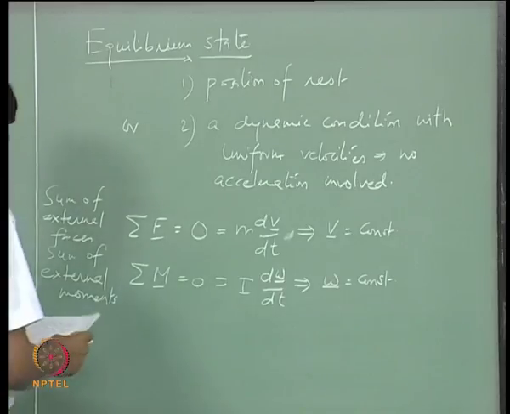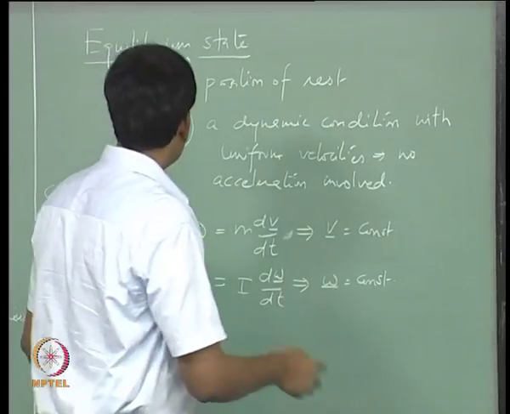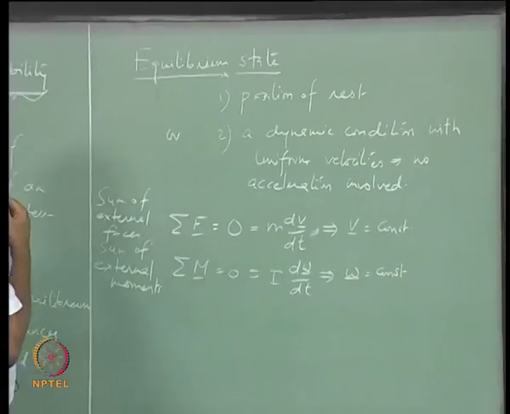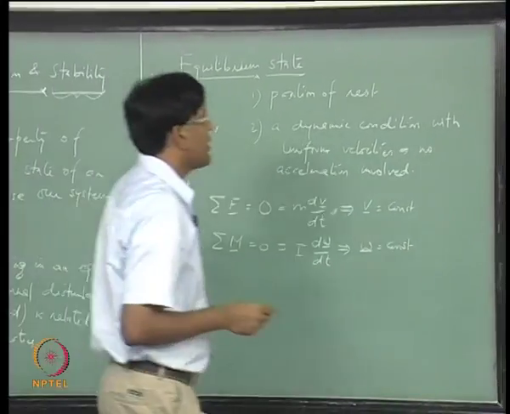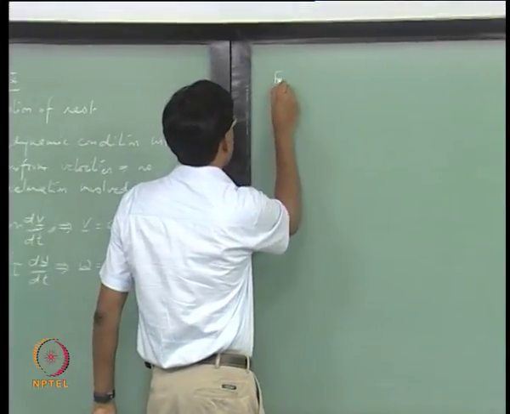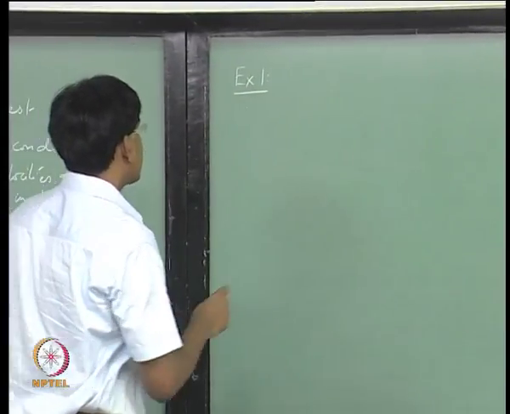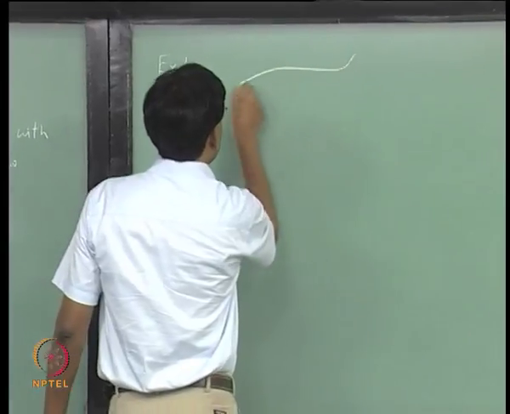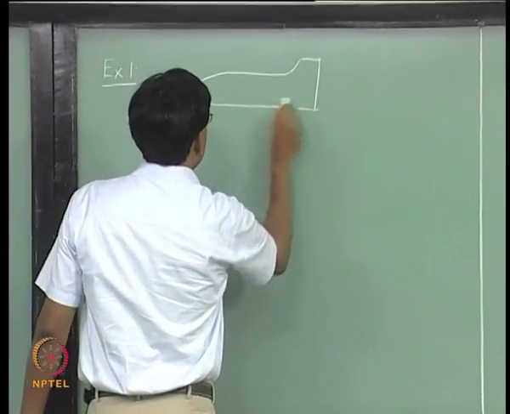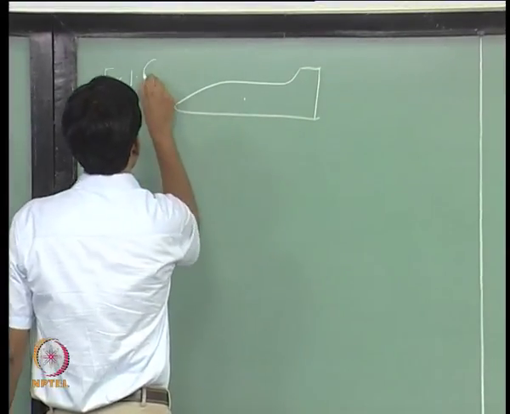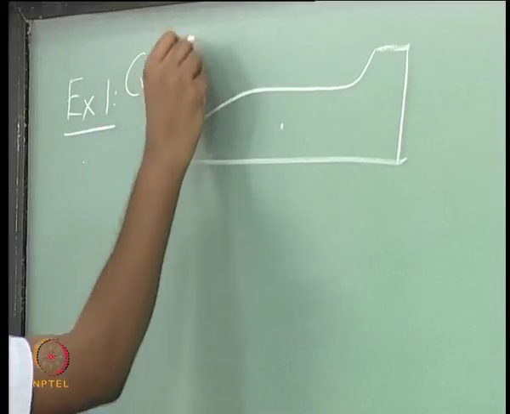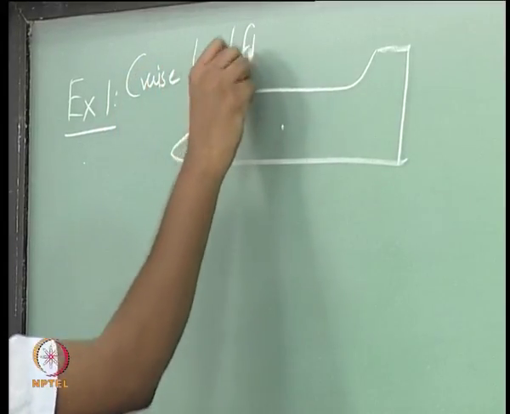Let us look at some of the flying equilibrium states of aircraft. An example of such equilibrium states could be, for example, this cruise level flight.